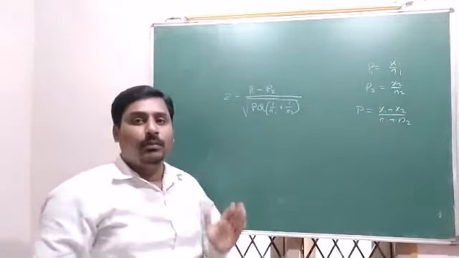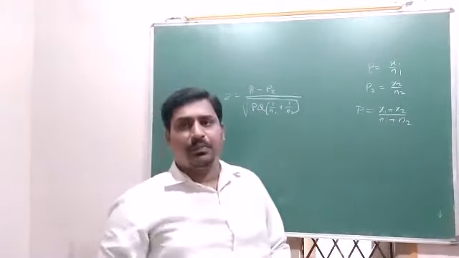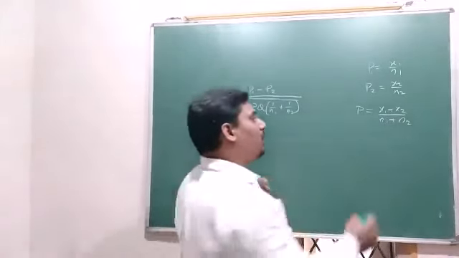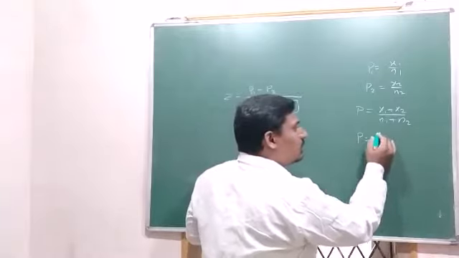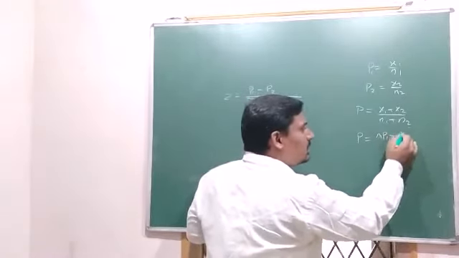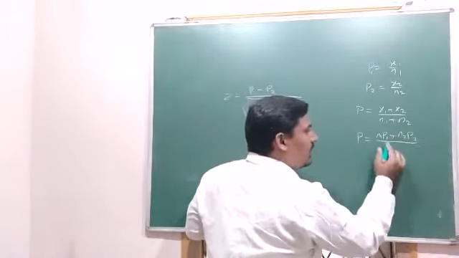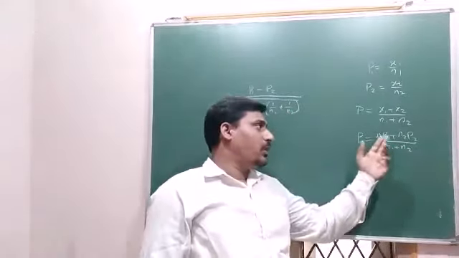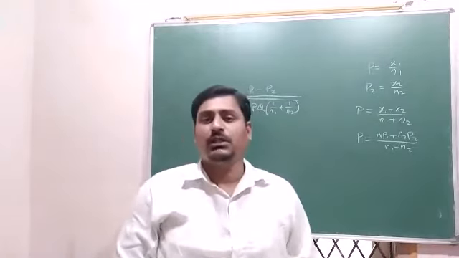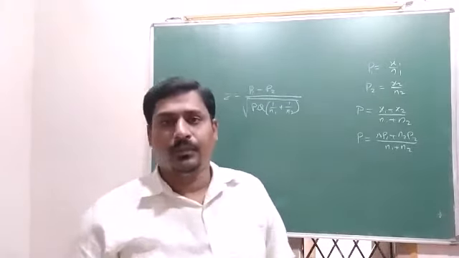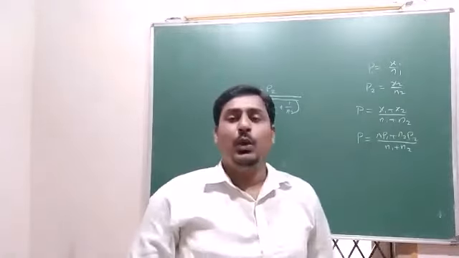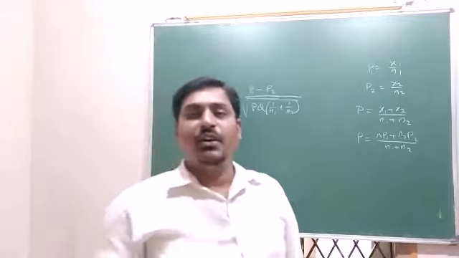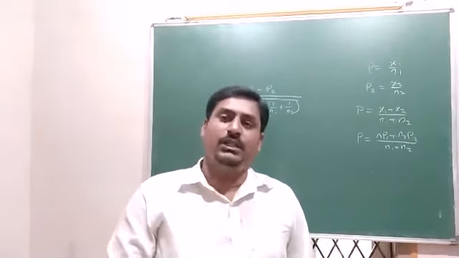If the proportion itself is given and the sample size N is given, then the formula will be P is equal to N1 P1 plus N2 P2 divided by N1 plus N2. That is, we combine both populations' proportions here. Then with the help of this formula we calculate and test for the equality of proportion of two populations.